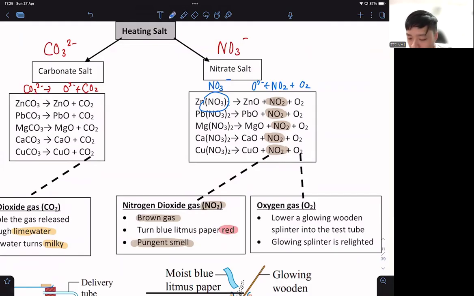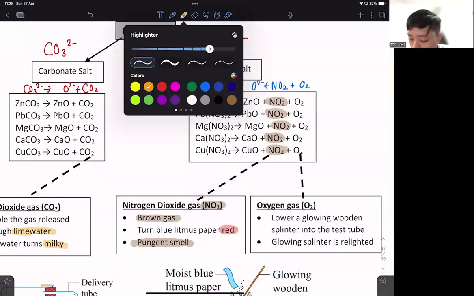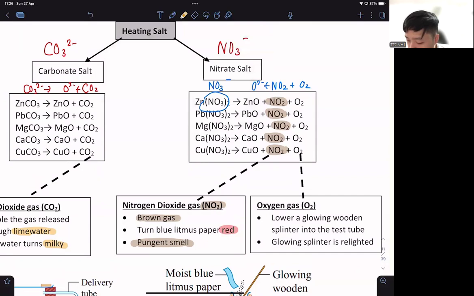Then the other one is oxygen gas. Sometimes they give you a hint like a glowing splinter relights when you insert the glowing wooden splinter into the test tube, so you produce O2.